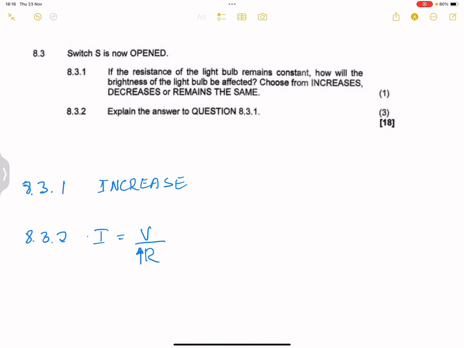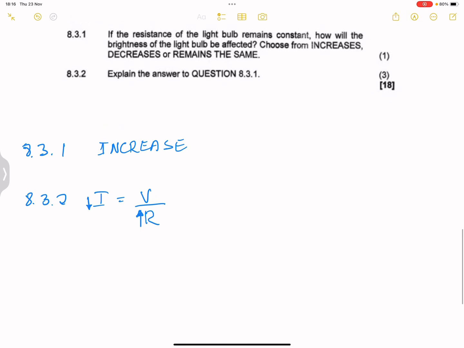Even though the total current decreases, we've got the total current that is passing through that resistor, and we know that V is equal to I times R. R remains the same. Current has increased passing through there, and so the voltage would also increase, and the power would increase.